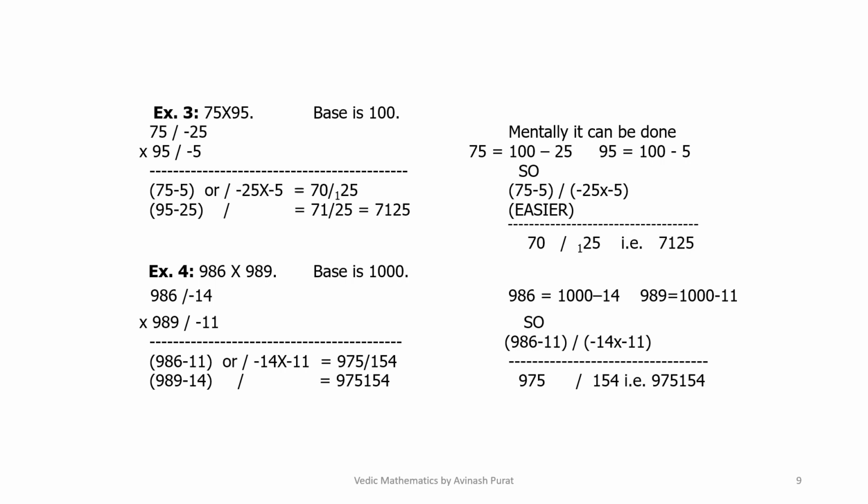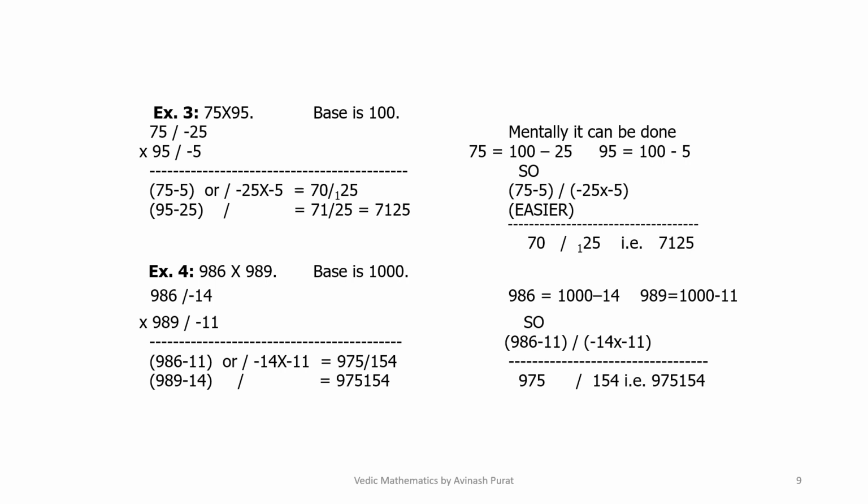Base being 100, two digits are to be taken on the right side. So 1 is taken to the left. That gives 71 stroke 25. 7125 is the answer. Mentally it can be done.